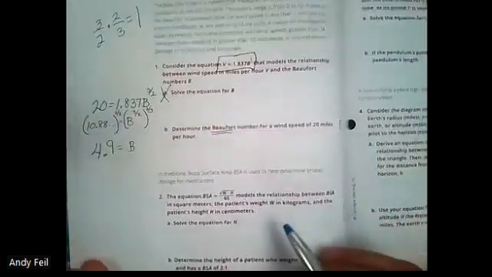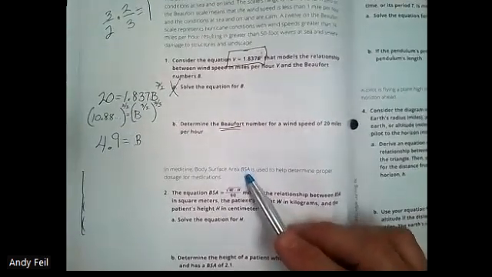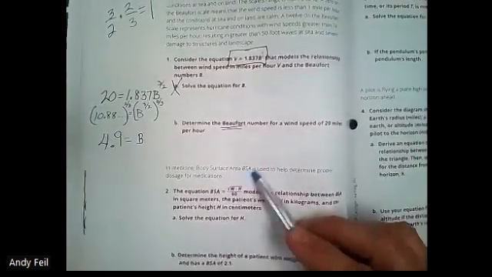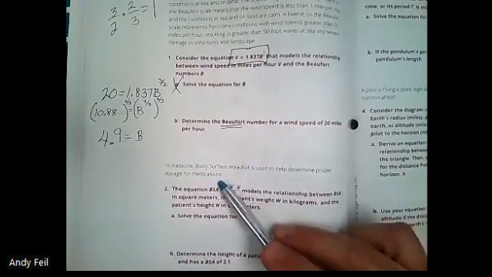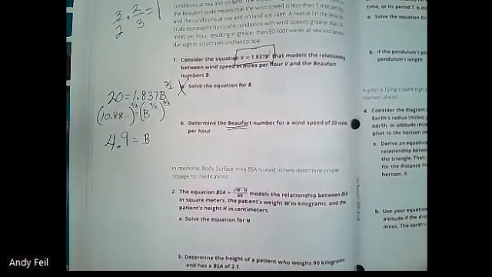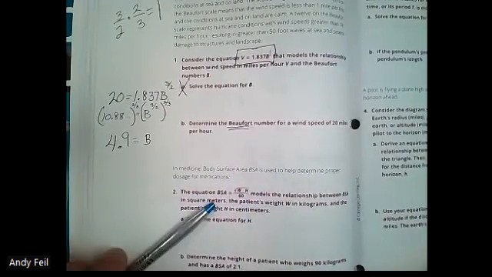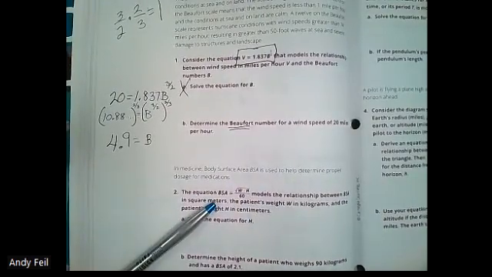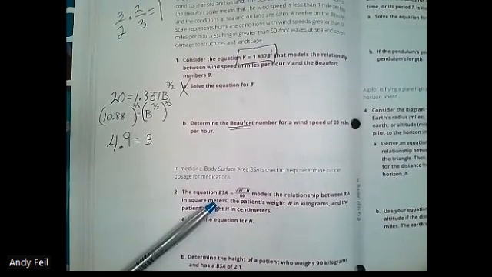Let's try another one. In medicine, the body surface area is used to help determine proper dosage for medications. I use that joke a lot. Whenever anybody asks me if I'm cold, I always say, those of us with a low surface area to volume ratio don't get cold. What am I saying about myself?